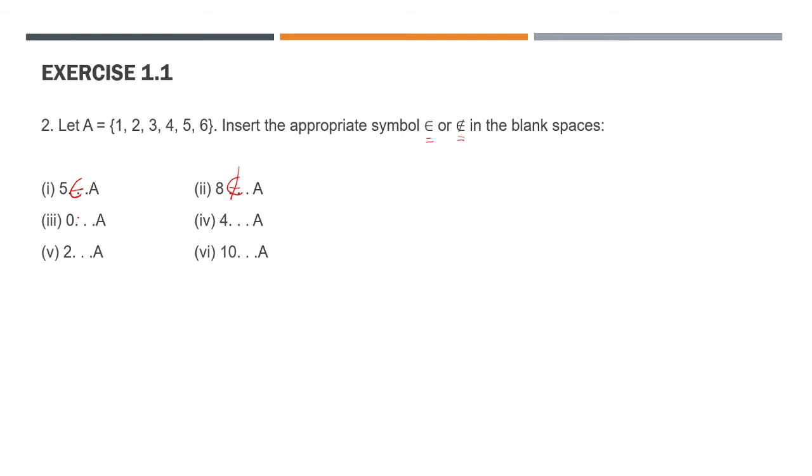Is 0 there in our set A? No, 0 does not belong to A. Fourth one is 4. We have 4 in our set A. So, 4 belongs to A. Next one is 2. The 2 is in set A. Yes, it is there. So, 2 belongs to A. Last one is 10. We don't have 10 in set A. Does not belong to A.